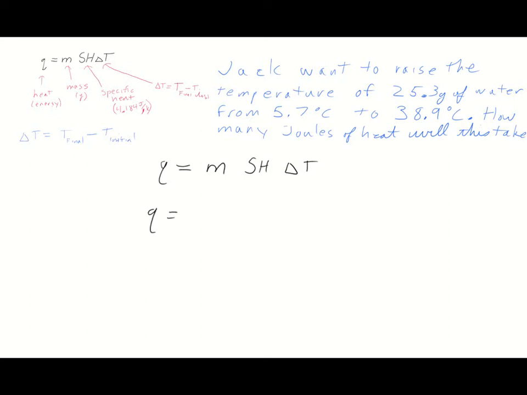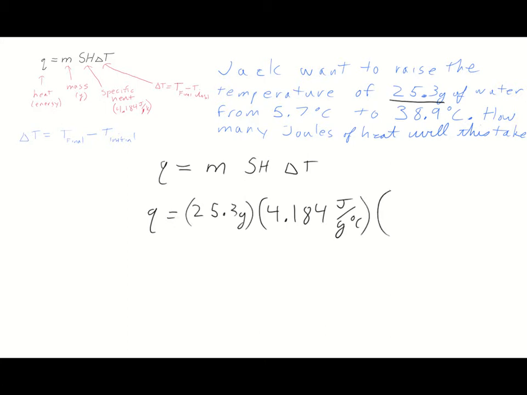They told us that we had a mass of 25.3 grams. I've told you that the specific heat of water is 4.184 joules per gram per degree Celsius.